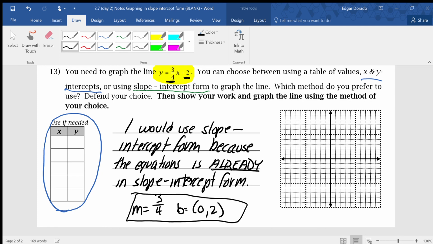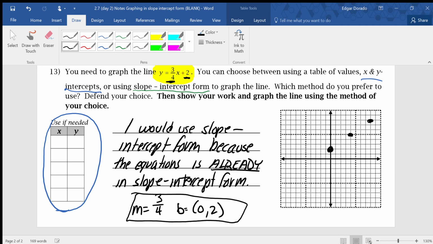So now look, that's the method I chose. So look at how quick I can graph it. I go to (0, 2). I rise 3 because my slope is a positive 3/4, and then to the right 4. Up 3, to the right 4.